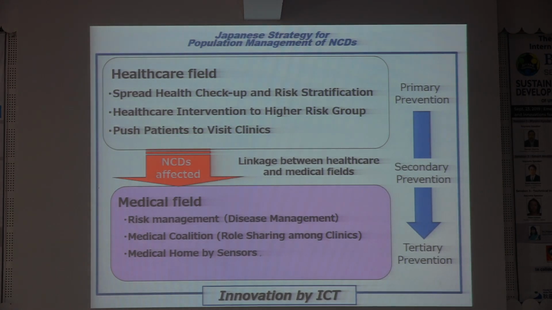And if we find an affected patient, we push the patient to the clinics. In the medical field, we also make another risk management, disease management. And we can make good role sharing among clinics right now.